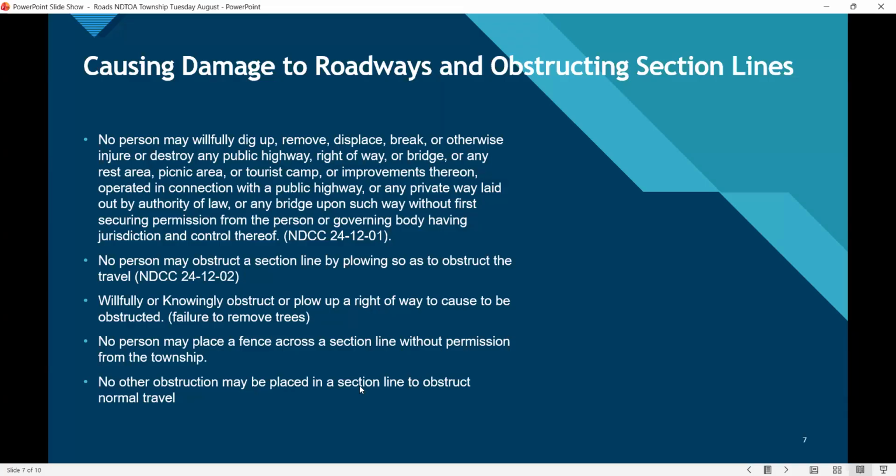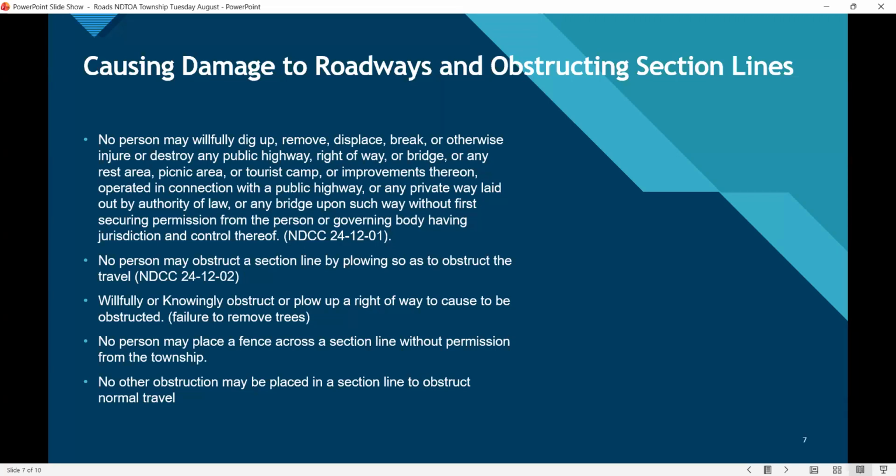So what are the penalties that townships can assess if somebody plows out the trail? Well, I guess I would go to law enforcement and go to the state's attorney. It is actually a Class B misdemeanor to obstruct the section line. So it's punishable by a crime, actually.